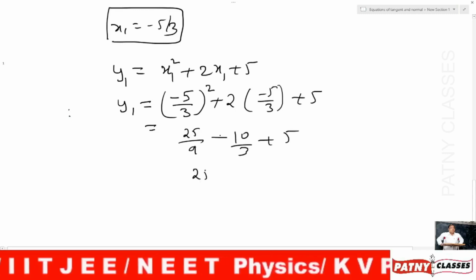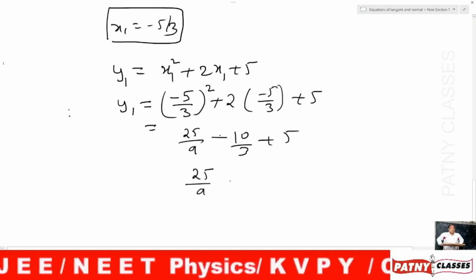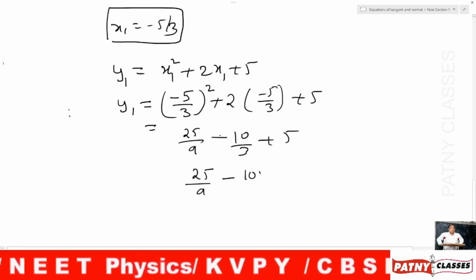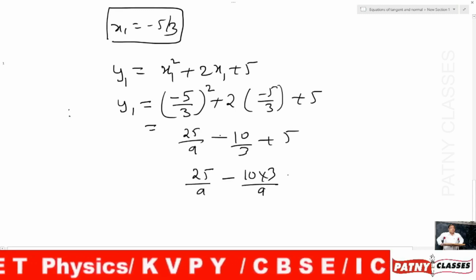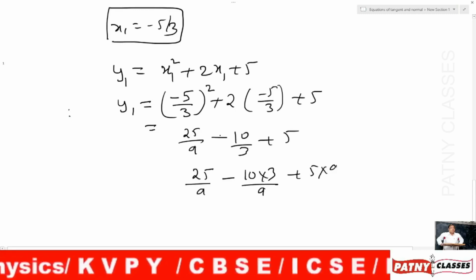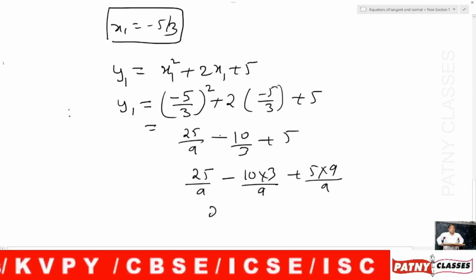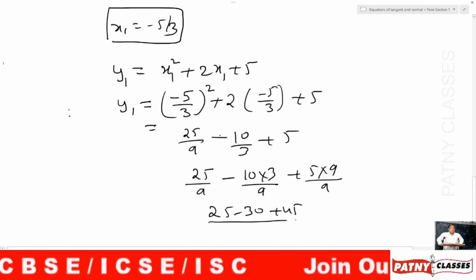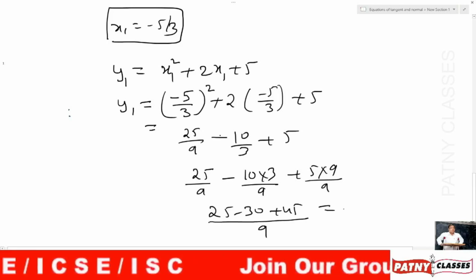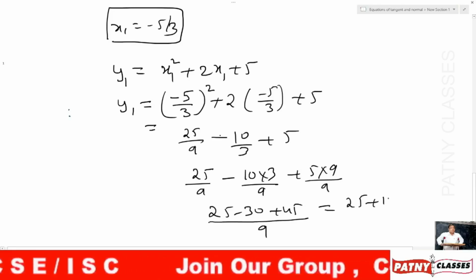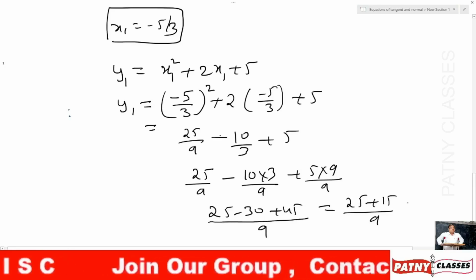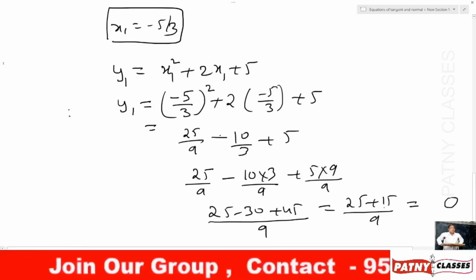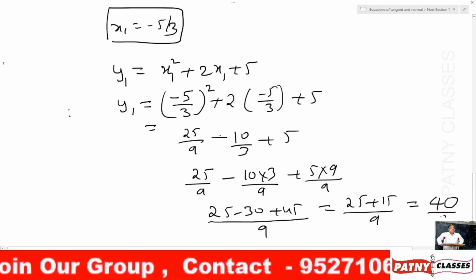So here is 25 upon 9 minus 10 into 3 upon 9 plus 5 into 9 upon 9. 25 minus 30 plus 45 upon 9, that is equal to 25 plus 15 upon 9 equals 40 upon 9.